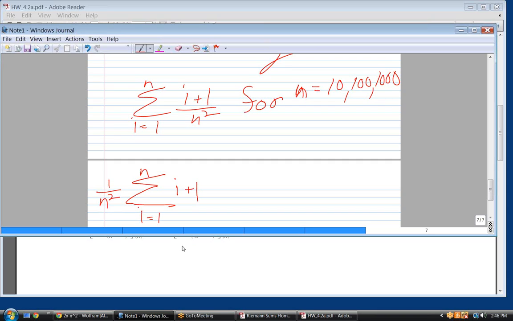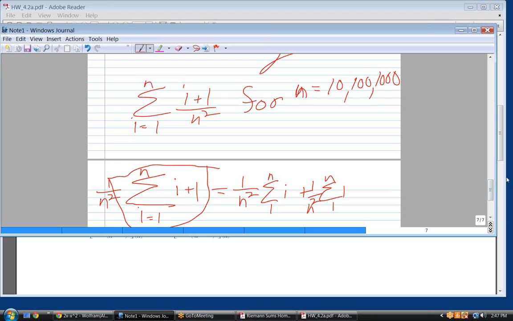Then I can write it like that, and then I can write that as 1 over n squared times the sum of i from 1 to n plus 1 over n squared times the sum of 1 from 1 to n. In other words, all I'm doing is the sum of A plus B is the sum of A plus the sum of B.